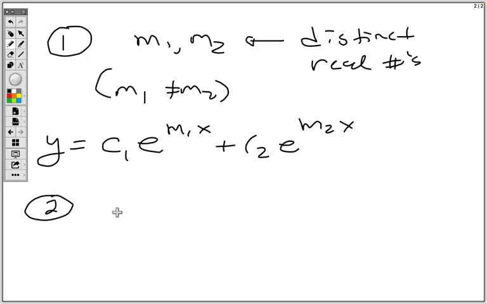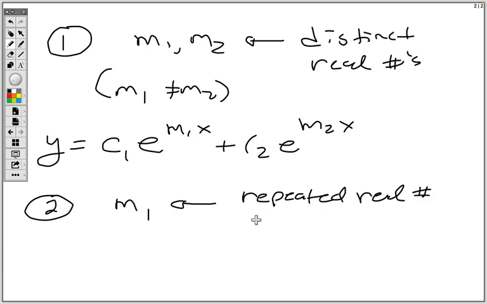Another case we talked about yesterday: if we just get m1, a repeated real number solution, in other words, it's got multiplicity 2, then we actually previewed a technique we'll be looking at the week before spring break called reduction of order.